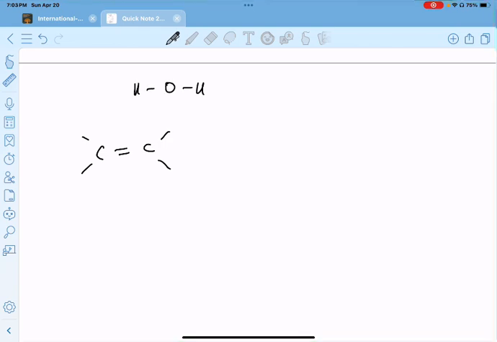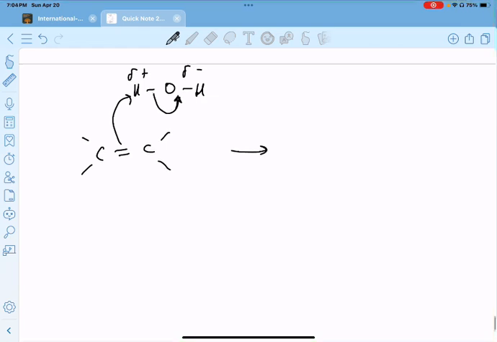What you'll form is, this will be delta negative, this is delta positive. This will go here, and this will go here. It's the same reaction mechanism essentially, but the carbon-carbon double bond breaks again, and you will form a carbocation here, and OH minus will attack here, and you'll form an alcohol.